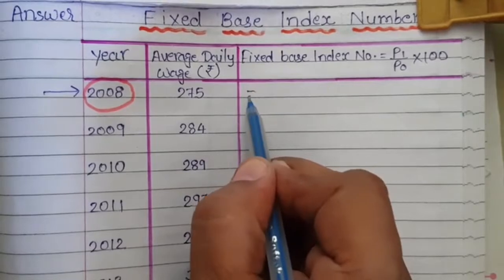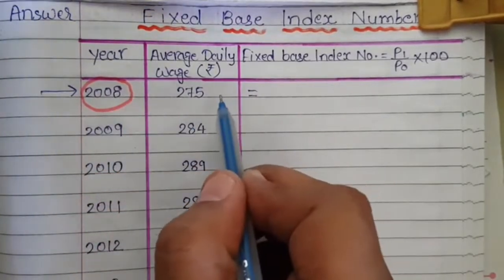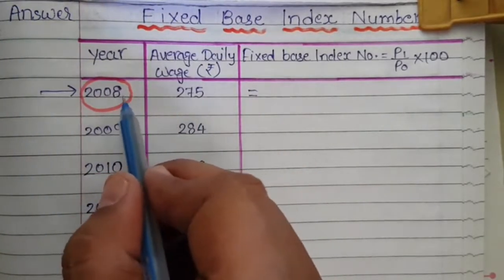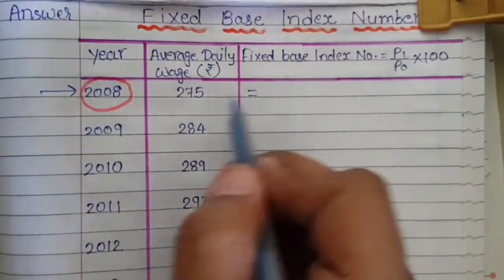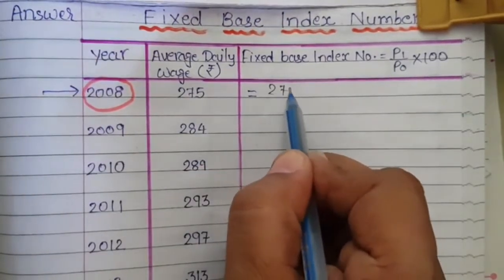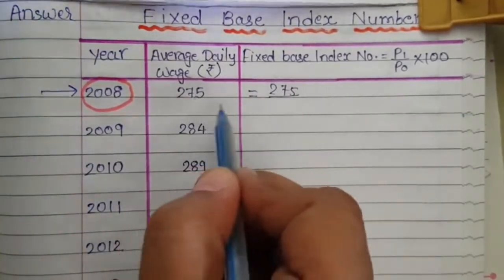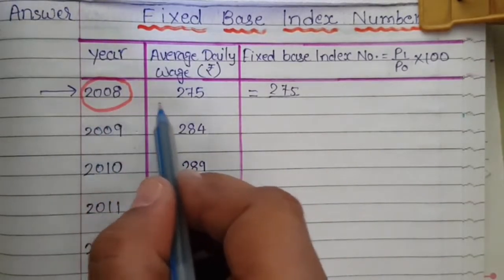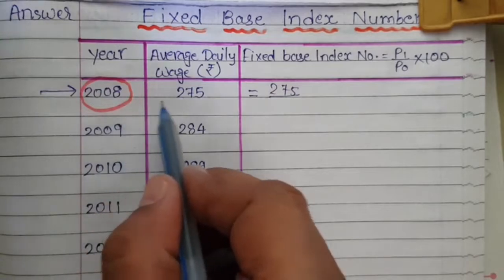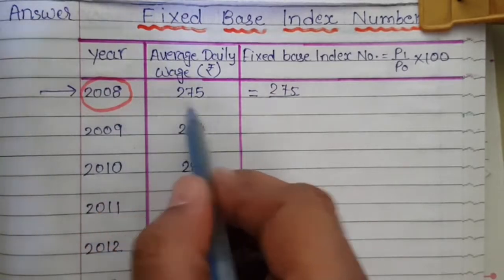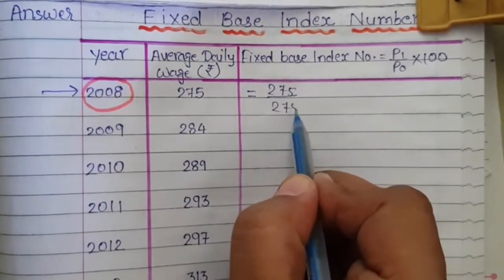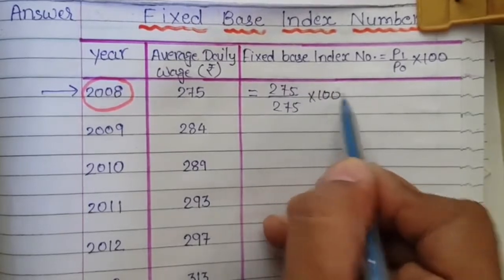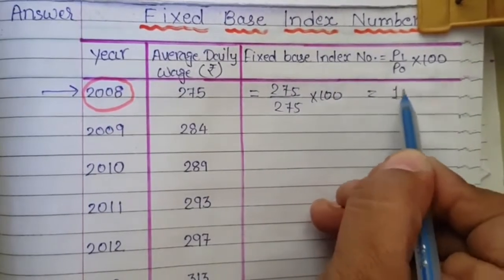So friends, here at 2008 the current year is also 2008, meaning my P1 is 275 and my base year, as it is said in the sum that we have to take 2008 as a base year, is also 2008, so its price is 275. 275 divided by 275 multiplied by 100, we will get 100.